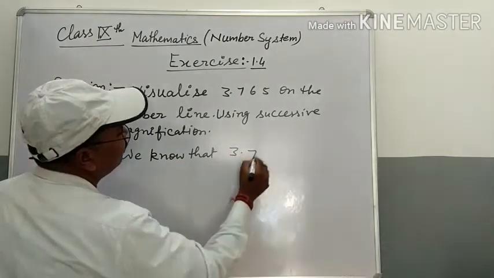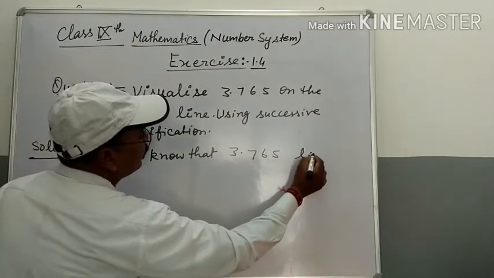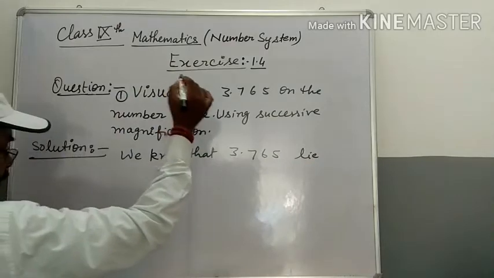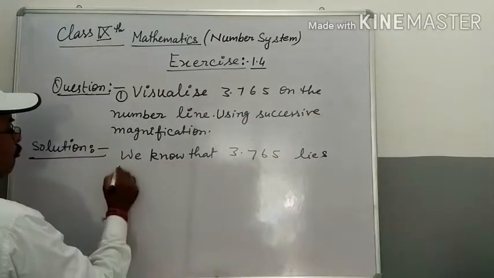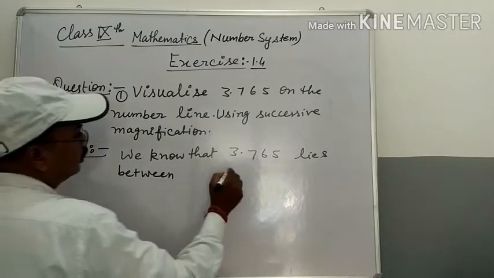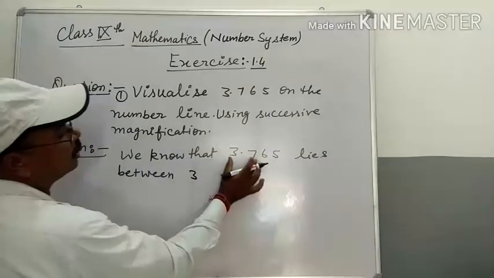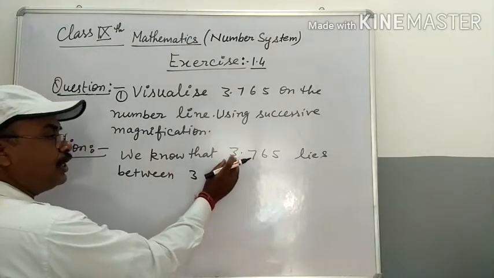3.765 lies between 3 and 4. This is not complete 4 and this is complete 3.